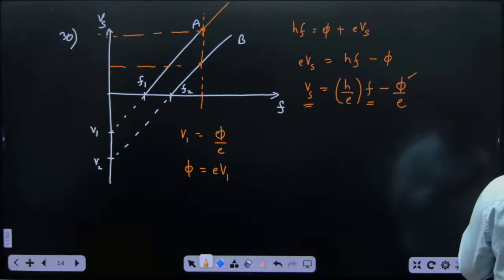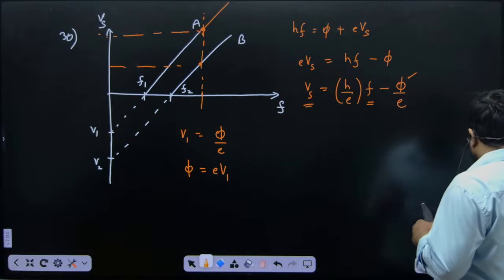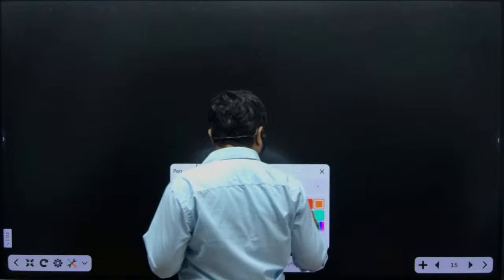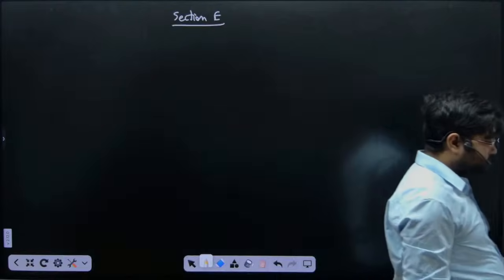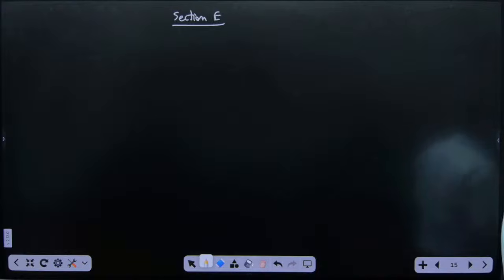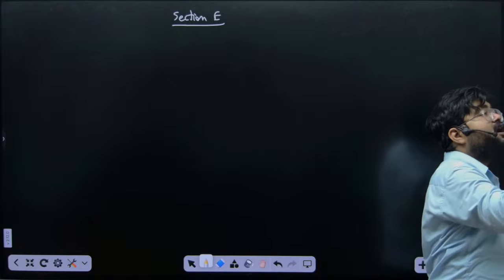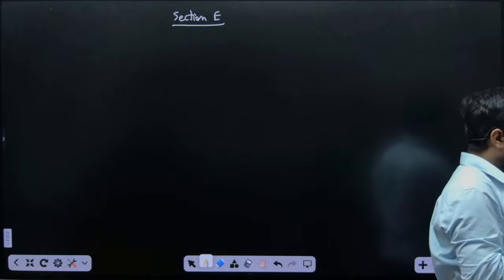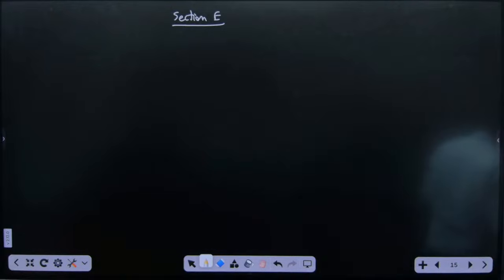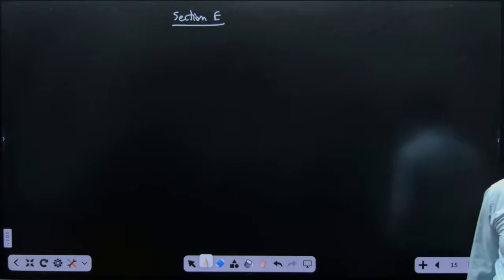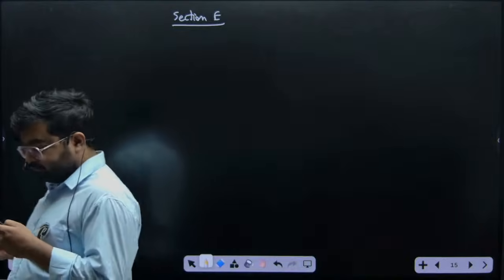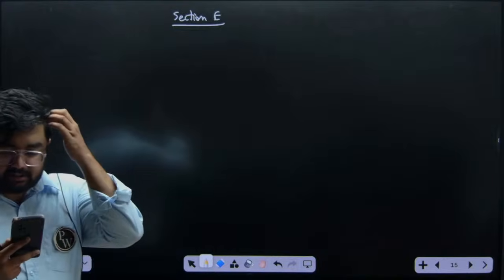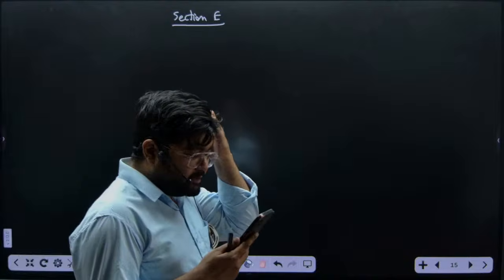Alright. Now we shall go to section E. Okay, section E, 31: an electric dipole consists of 2 point charges separated by some distance.